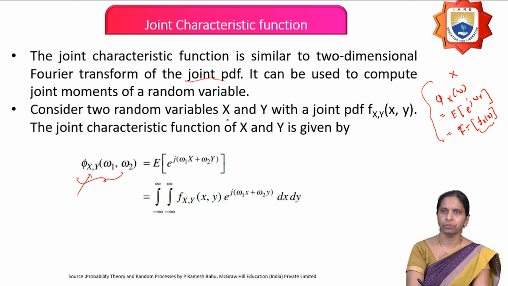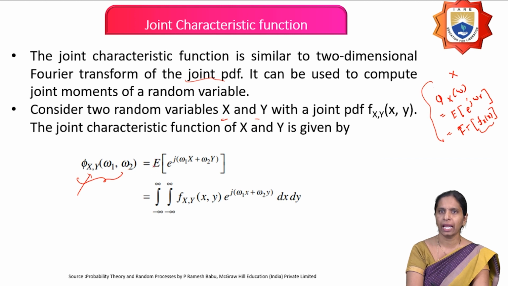For example, if you have two random variables x and y, and the corresponding joint probability density function is given by f xy of x comma y, then the joint characteristic function is denoted by phi xy of omega 1 comma omega 2. Remember that omega 1 and omega 2 are not frequencies, they are variables.